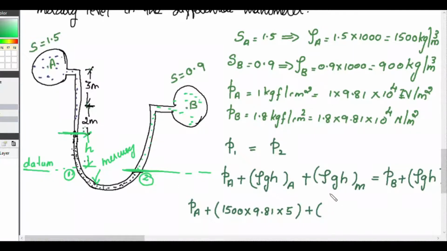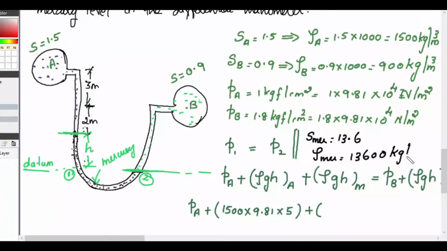If the specific gravity of mercury is not given, we know it is 13.6, from which the density of mercury is 13.6 into 1000, so 13,600 kilogram per meter cube.